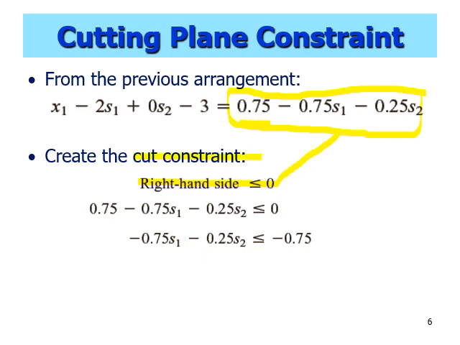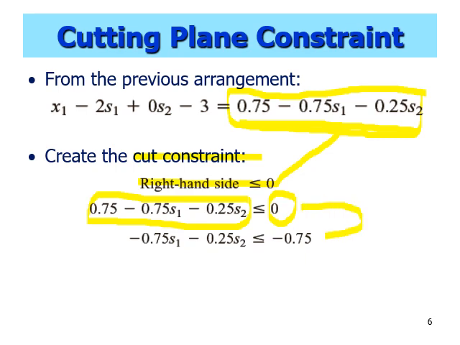You just put it here, must be less than or equal to 0. And then from this line to the next line, you just rearrange the numbers such that 0.75 goes to the right-hand side. Now this is the constraint that we are adding to our problem, and it is called the cut constraint.